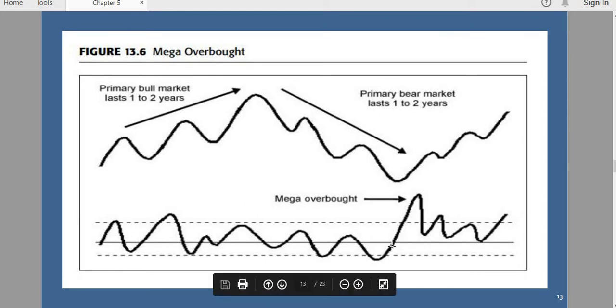Because of its move, from the zero it increased very high, a very tremendous change compared to the previous one. This we call mega overbought, and this is the signal of reversal or confirmation of reversal. To confirm the reversal, you also need to check whether the price is creating or breaking the resistance or not.